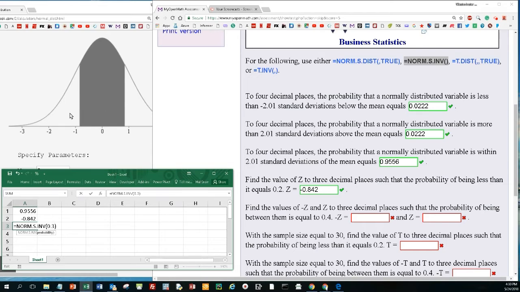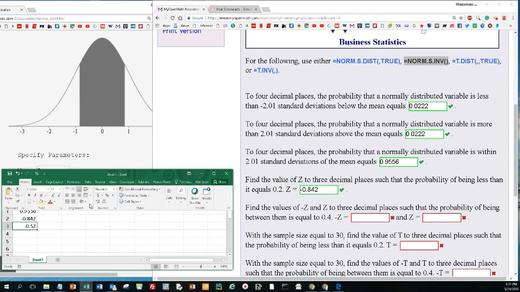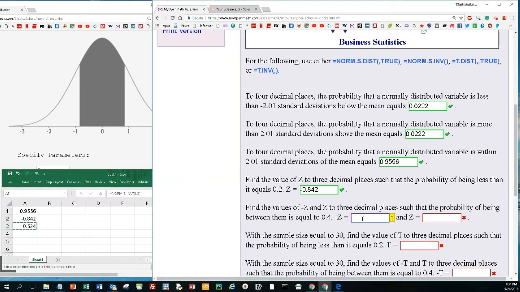So that means that's 0.3 and that's 0.3. And this is going to give us a negative number. It actually gives us a negative number, negative 0.52, to 2 decimal places, or 3 decimal places. So negative 0.524 and positive 0.524.